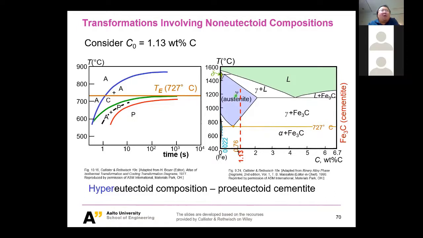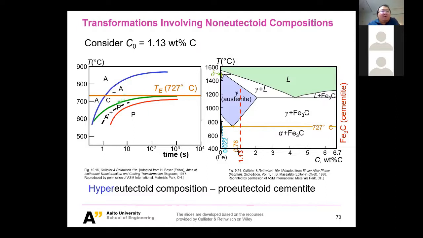When you go from liquid to liquid plus solid, the rate is much faster, because there's liquid, right? So you have something like a curve. You don't have a really different volume fraction of cementite. So it comes rather instantaneously.